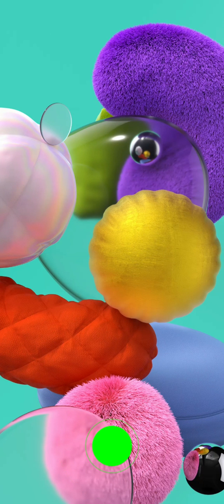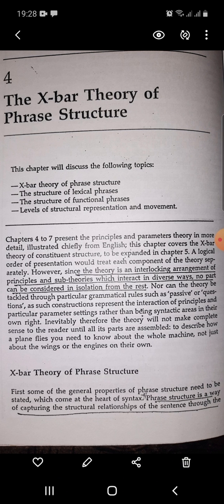Both of his parameters and principles are very much evident in his theory of X-bar of phrase structure. To start with, I would just tell you that this theory actually relates to immediate constituent analysis.